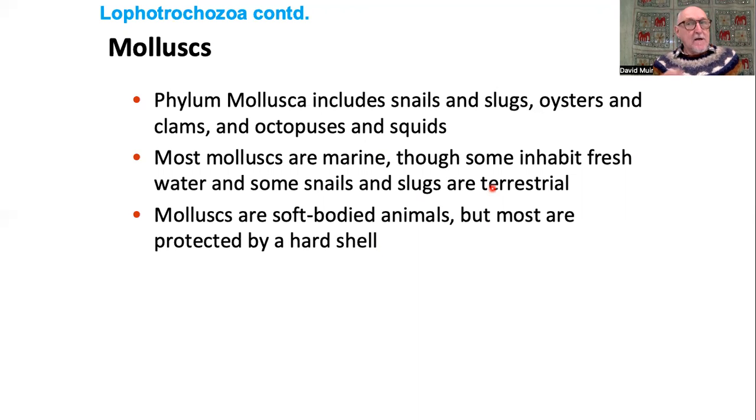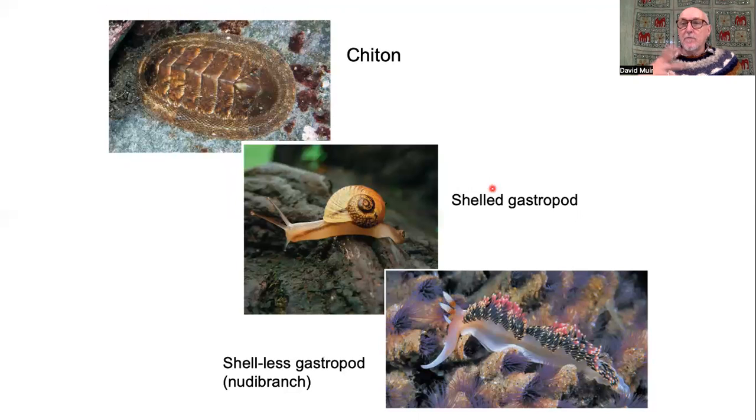So they are soft-bodied animals, but many of them protect themselves with a hard shell. And that shell can take various forms, which gives us various different groups of mollusks. The most primitive of the mollusks are the chitons, and their shell is divided into plates.